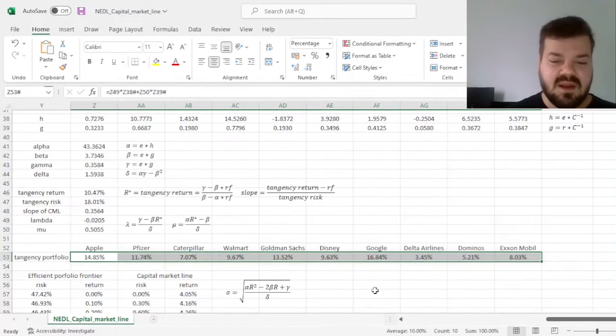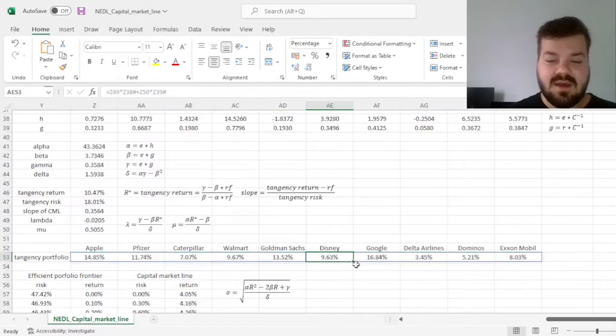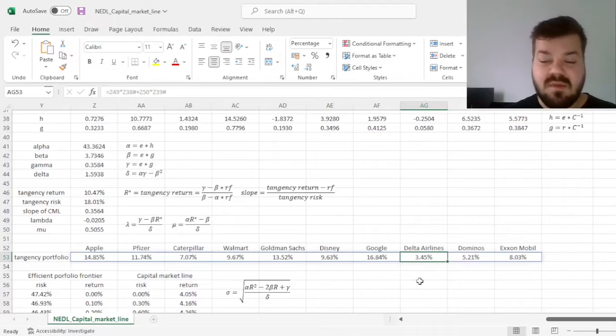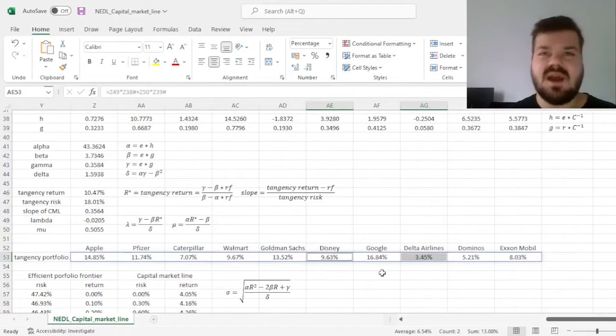For example, we can deduce from here that the market capitalization of Disney should be roughly 3 times the market capitalization of Delta Airlines, because if an investor puts $3.45 into Delta Airlines, they automatically put $9.63 into Disney.